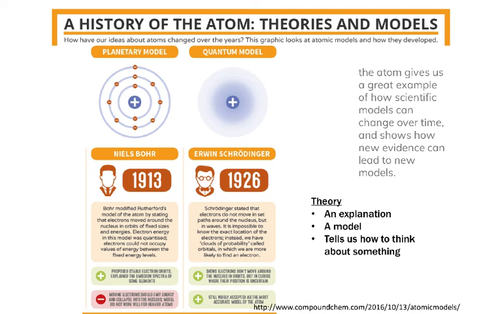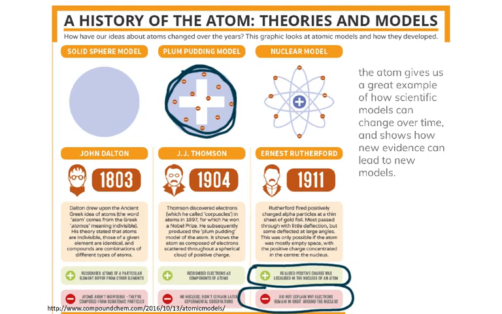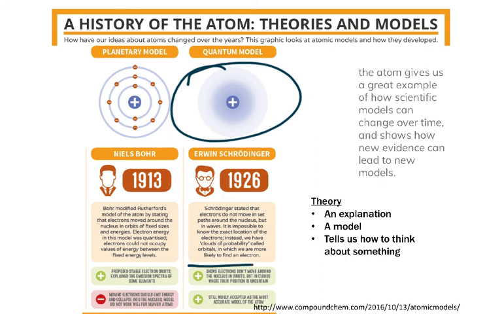And this was good for about a decade until the quantum model, and Erwin Schrödinger in the 1920s stated the electrons do not move in clear set paths around the nucleus, but are probability waves that exist as a cloud or orbital around the proton, which is beyond the scope of this course, but it should be said that for almost 100 years now, this is still the model. So there's a lot of activity in about 25 years, and now this is what we believe to be the best way to describe the model, or the atom today.